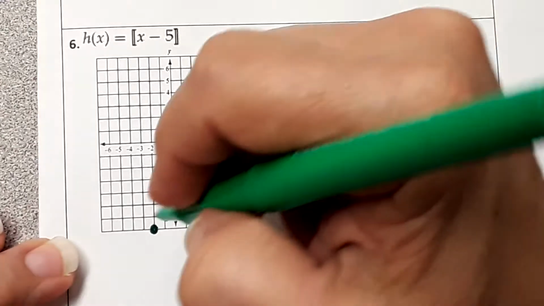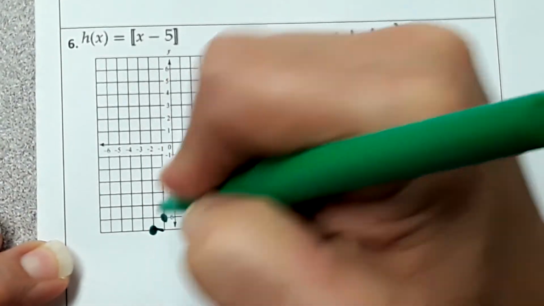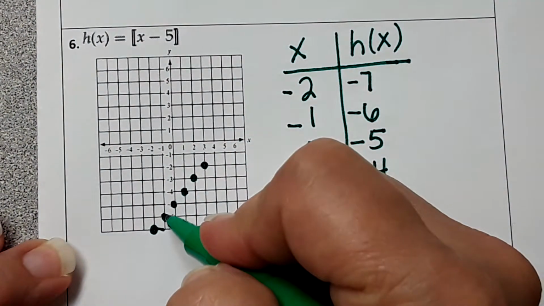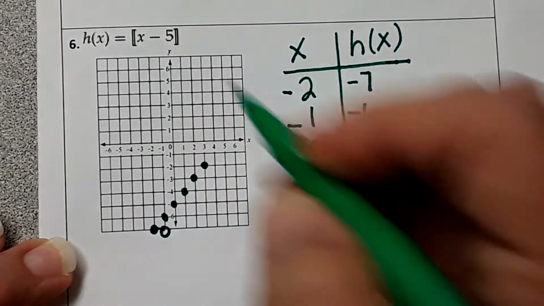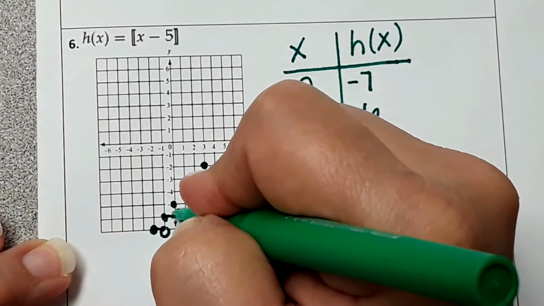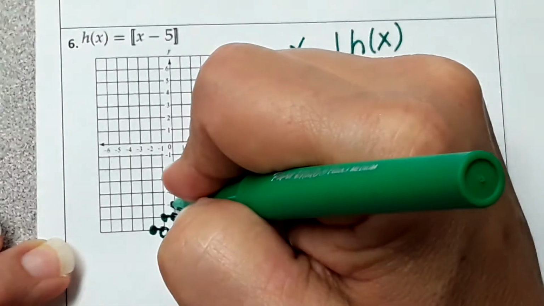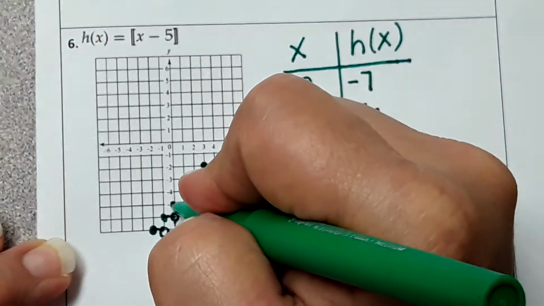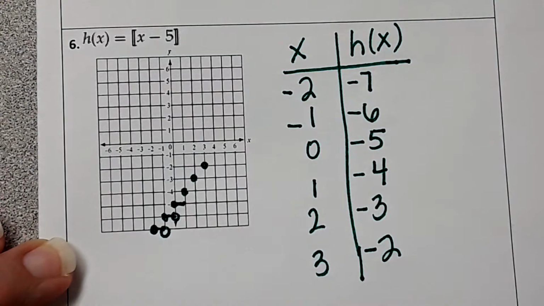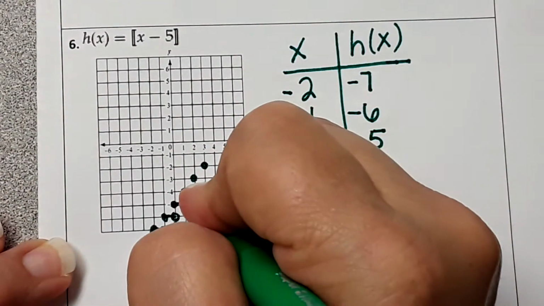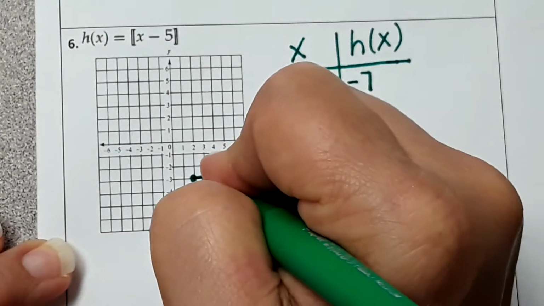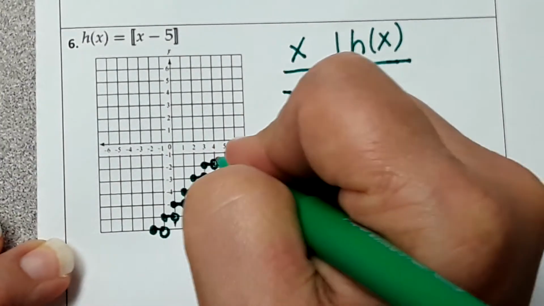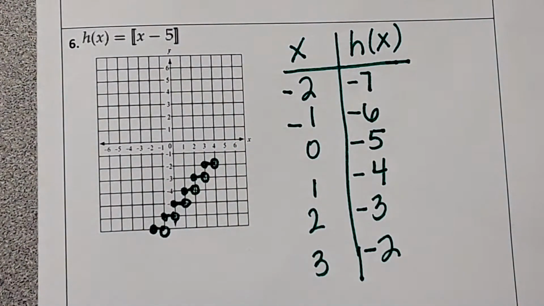So we're going to draw the line this way, and then because negative 1 starts taking over, we're going to put an open circle. Then we're going to take it and we're going to put an open circle. So you see, I'm just drawing that one line from the closed dot, and then I'm making it open. So it becomes a step function.